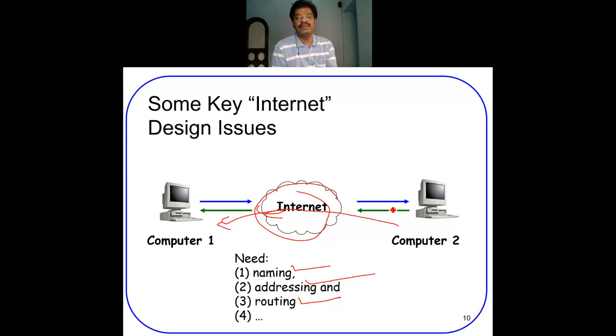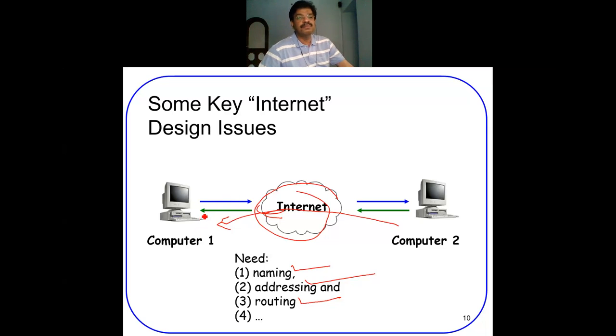Each packet will travel with its own path towards destination depending on the bandwidth that is defined by the communication media used in the internet. And that's why routing is also one of the important design issues.